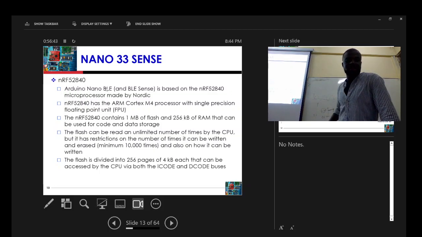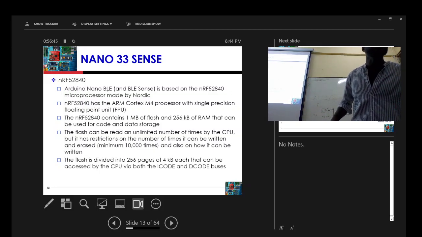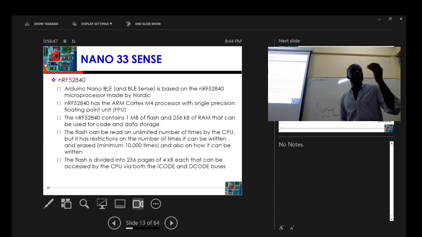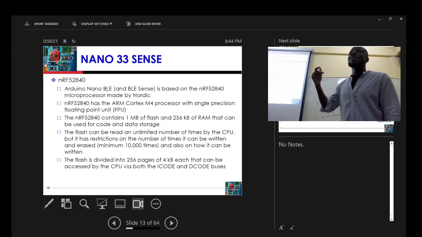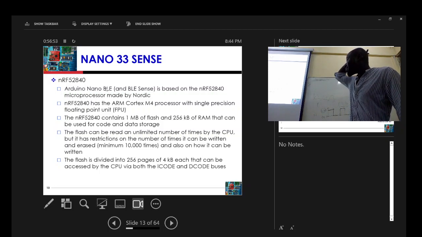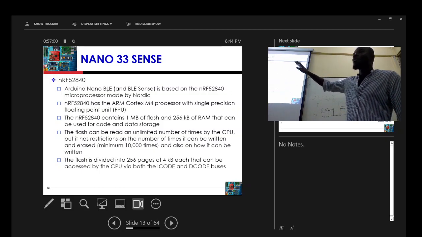So the CPU on the Arduino 33 BLE Sense is the nRF52840, right? And this CPU is based on what is called the Cortex-M4 processor, produced by ARM.